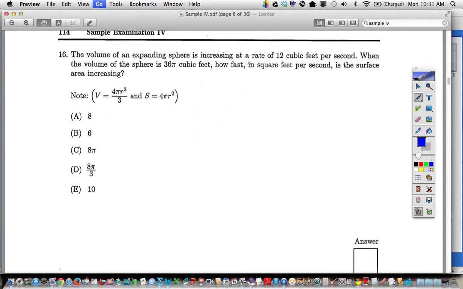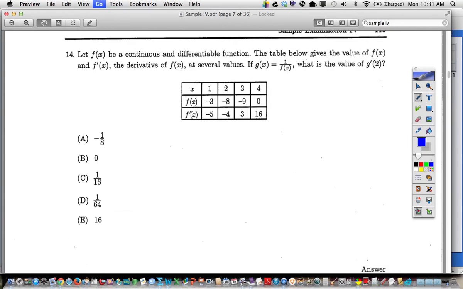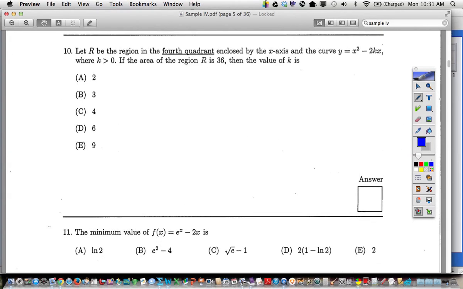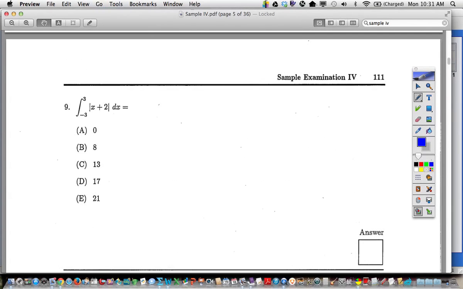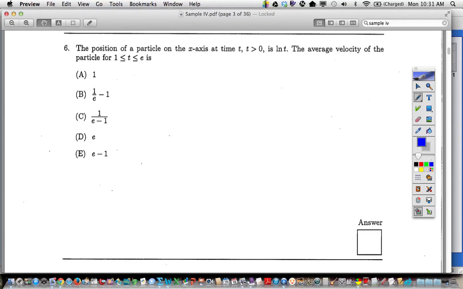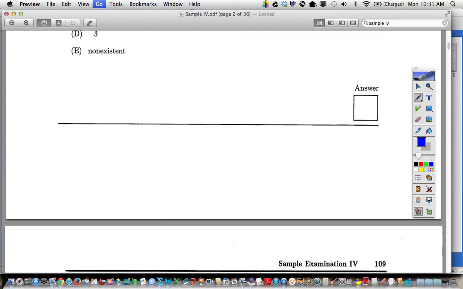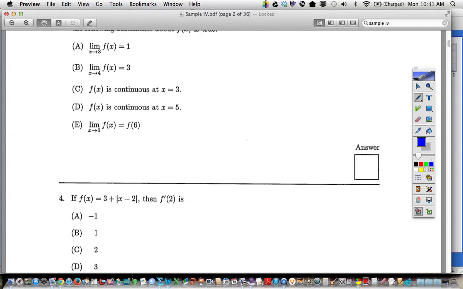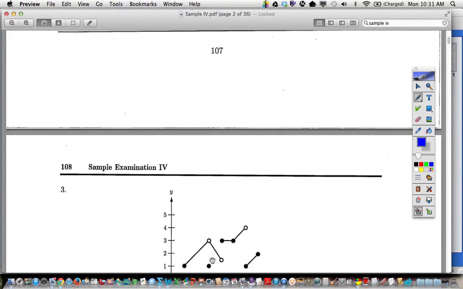We're just missing a few things. How about this one? No. Not yet. Someday. Running out of room. Running out of time. Hey, we do this problem. We'll come back to it.